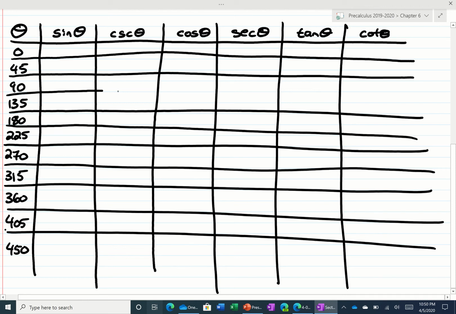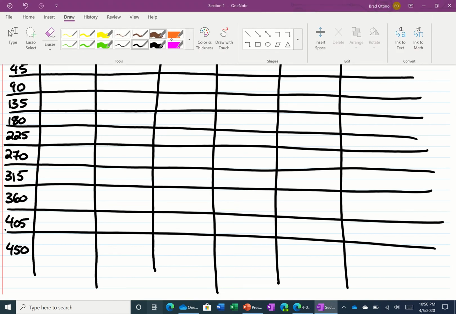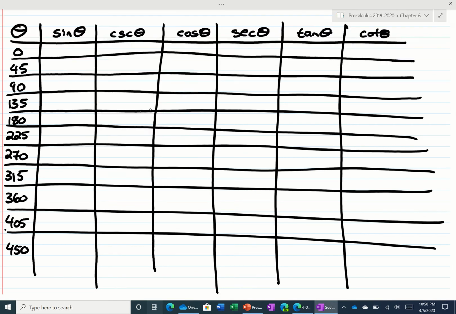And what we're going to do is find the normal trig functions first. In your calculator, you could actually pause this video and type them in if you want. I know these off the top of my head, so I'm going to go ahead and do it, but I think there's some benefit for you to type in, like, the sine of 0. It's going to be 0.